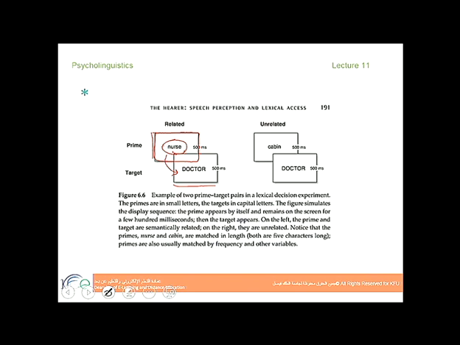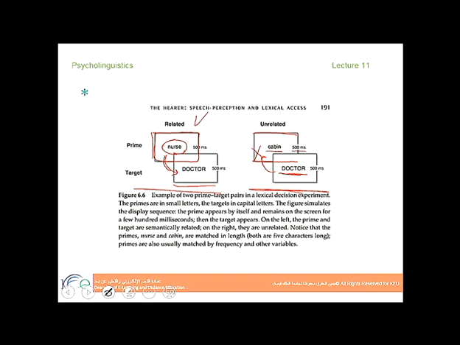And then we show other words, and then suddenly we show this prime, cabin, for 500 milliseconds, half a second. All right? Cabin, and then we show the word doctor. And then we measure how long it took people to answer, yes, this is a word here, if it's preceded by a related word, and how long it takes them here to respond to this word doctor if it's preceded by an unrelated prime, a word that is not related.